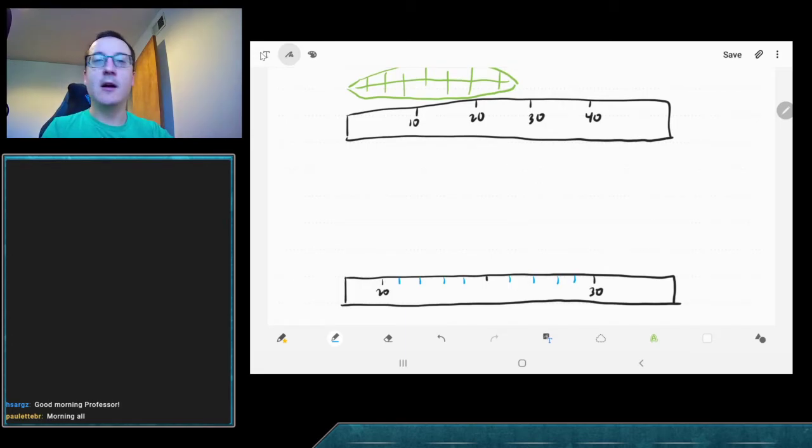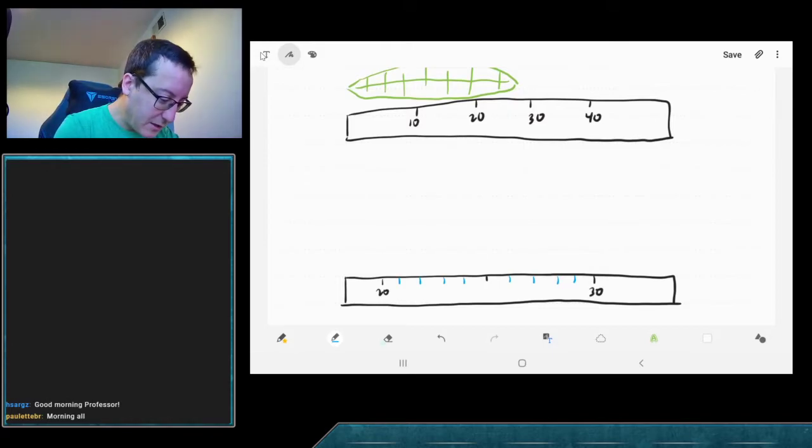Alrighty, so just as I'm doodling here for us, does anybody have any questions about the scientific notation that we went over last time before we jump into our next topic here? I'll give you a sec to write any questions while I continue drawing.